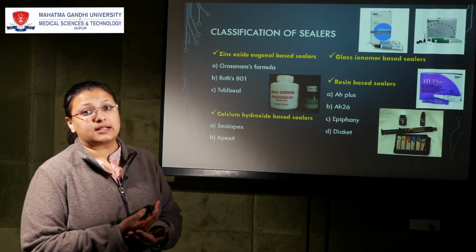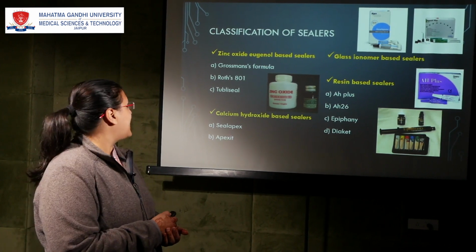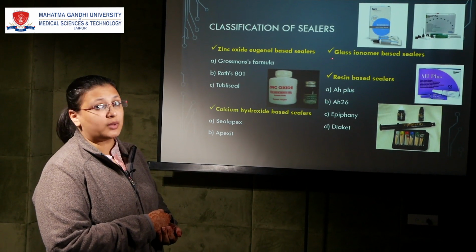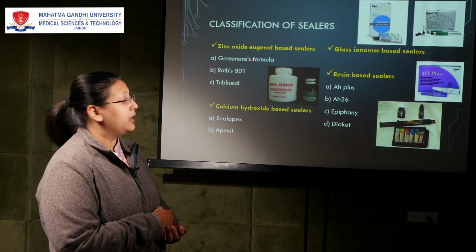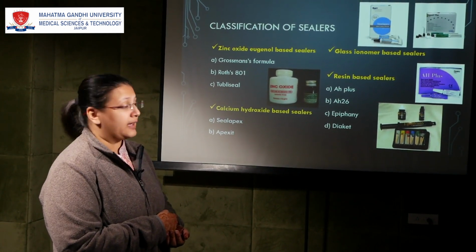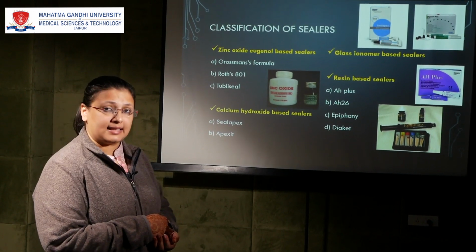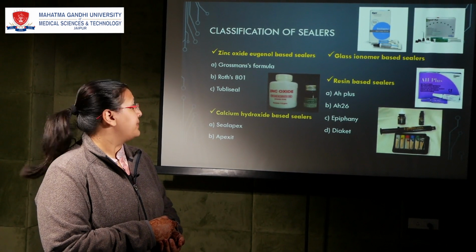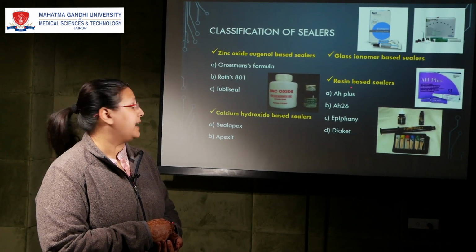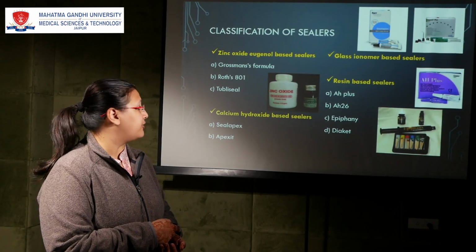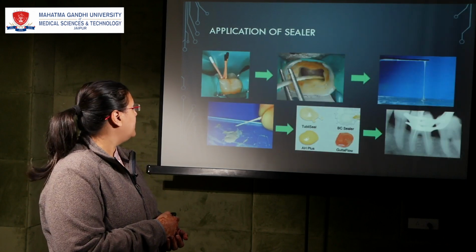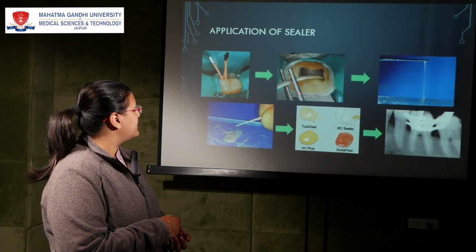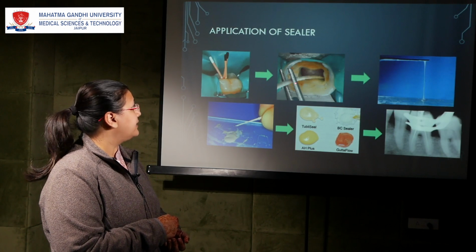So coming to classification of sealers, they can be classified as zinc oxide eugenol based sealers like Grossman's, Roth or Tubli-Seal, calcium hydroxide based sealers like Seal-Apex and Apexit, glass ionomer based sealers, and resin based sealers like AH+, AH26, Epiphany and Diket.